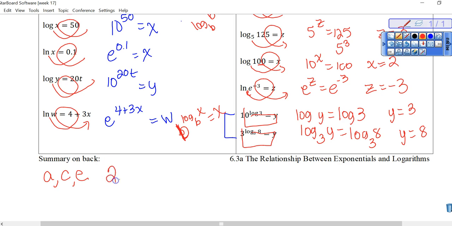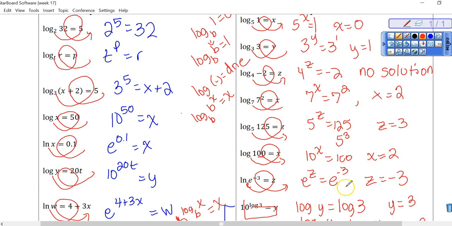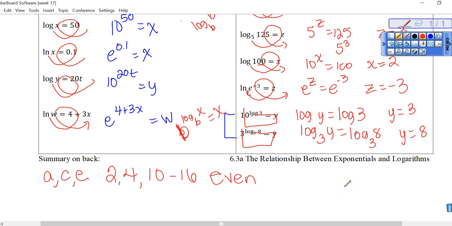You're going to do problems 2 and 4 and 10 through 16 even. It ends up being 18 problems. We've done almost 18, if we haven't done more than 18. Possibly we have. But you should be able to refer to your notes if you get stuck.